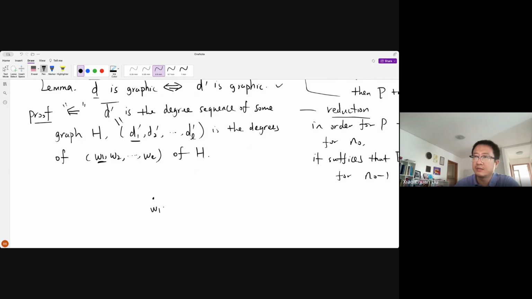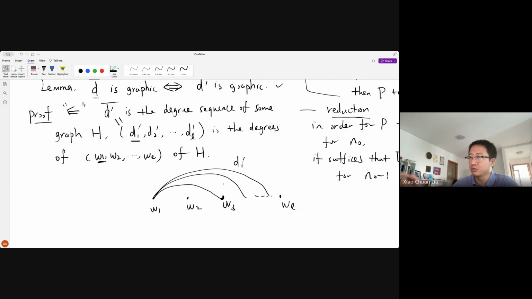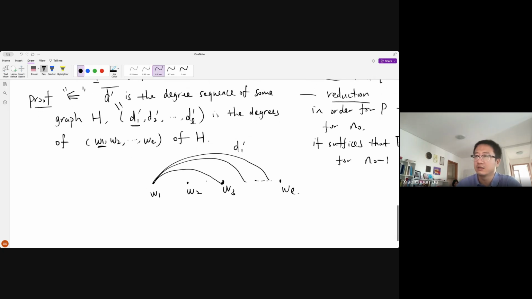So I write W1 here, W2 here, W3 here, and so on, and eventually WL. Again we draw some very rough graph. We don't know. Maybe W1 sends D1 prime edges to other vertices, and so on. So we don't know all the information.